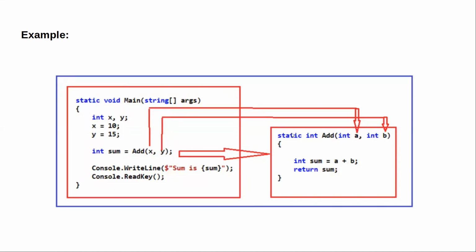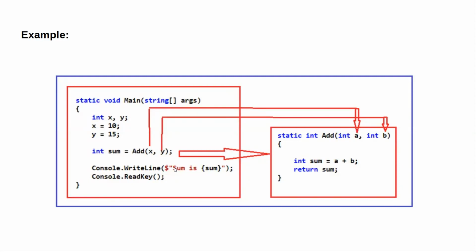Since this method is supposed to return a value, I'm returning it using the sum variable. So this 25 value comes back to the caller function, is stored in the sum, and the value is printed here.